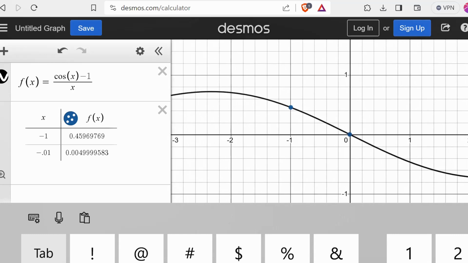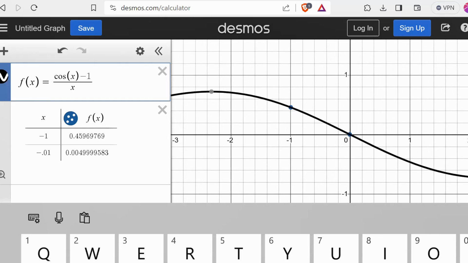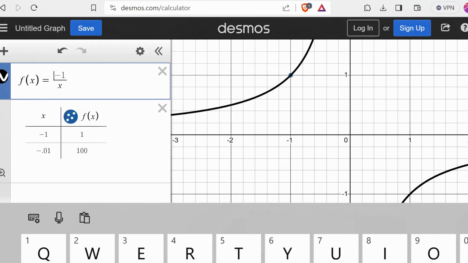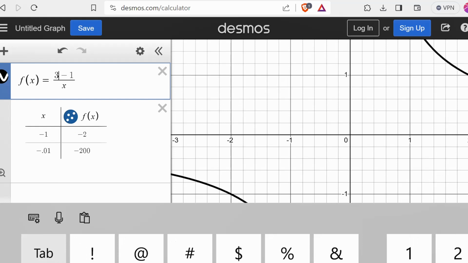The last one was just kind of a leftover from before. So let's see what happens when we put in the exponential function. How about 3, and I want 3 to the x power, where's the caret at?